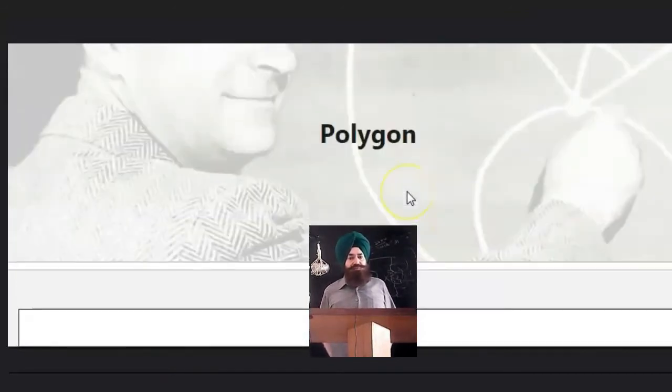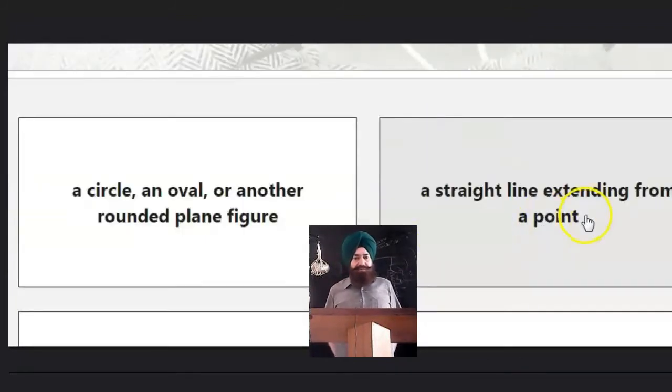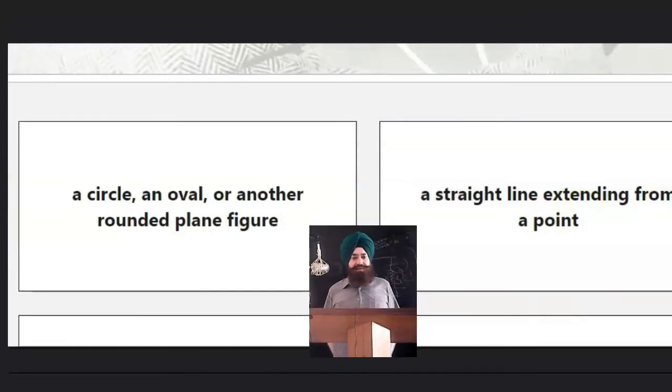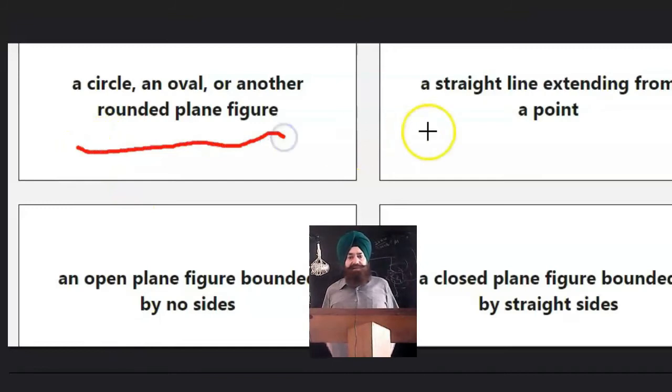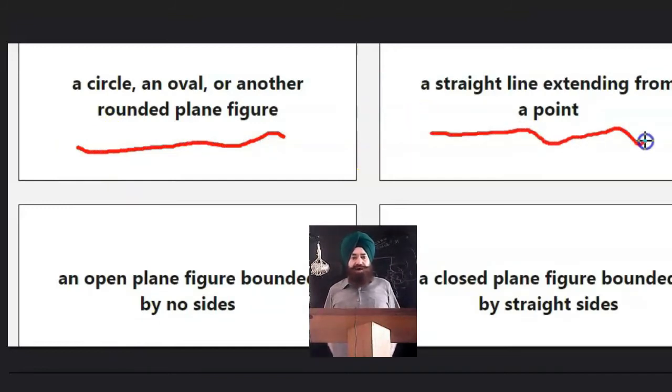Now the next question is, what is a polygon? And I'm giving a hint: think about poly. So the first choice is a circle, an oval, or another rounded plane figure. Second is a straight line extending from a point.